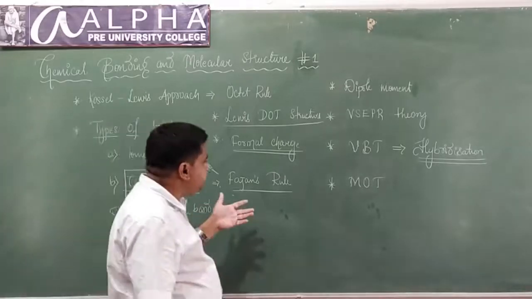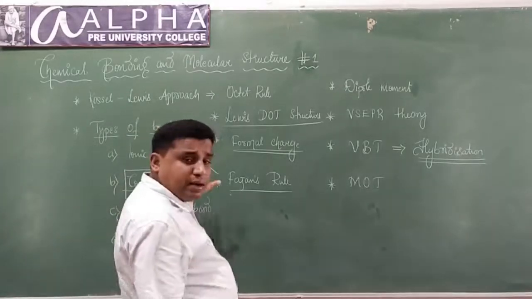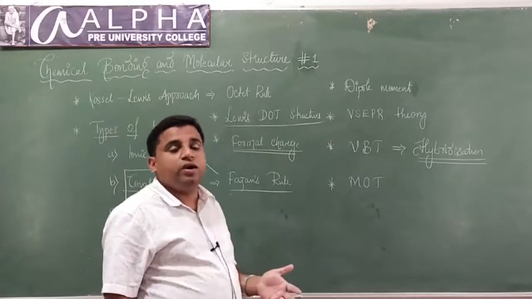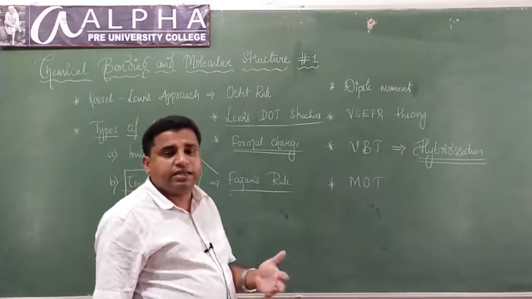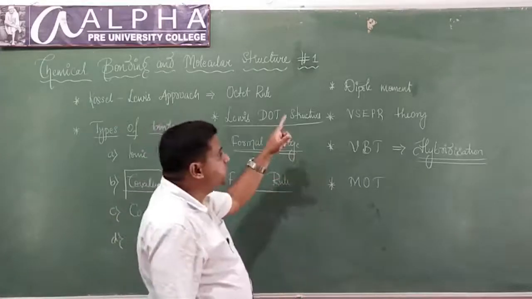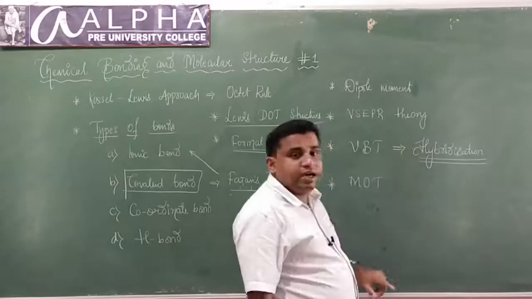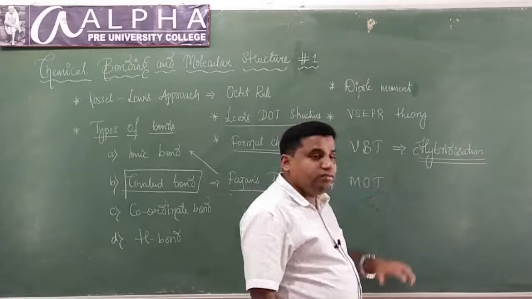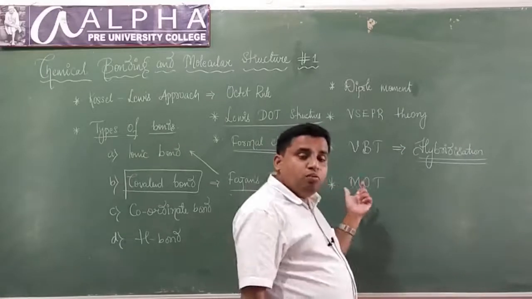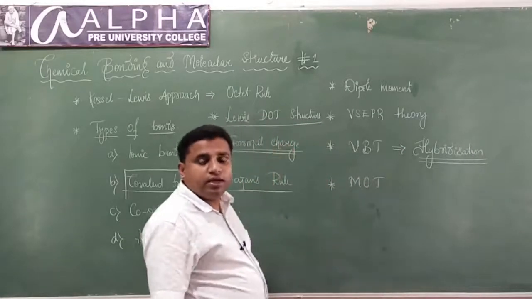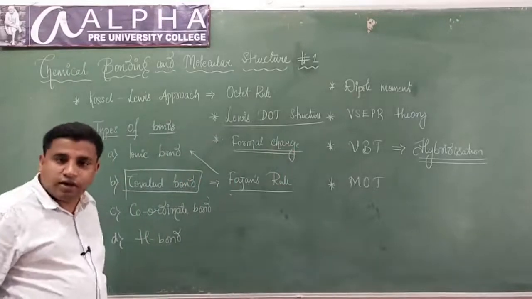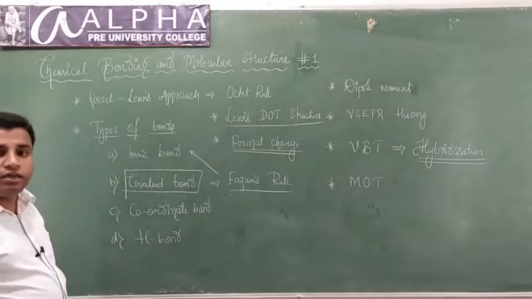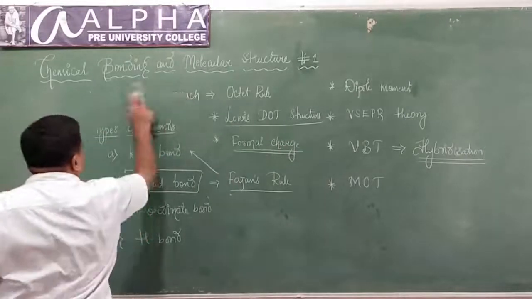And after this, we will completely deal with the covalent bond, the nature of covalent bond, the geometry of covalent compounds, the bond angle, etc., using concepts like dipole moment, valence shell electron pair repulsion theory, valence bond theory. Under valence bond theory, we learn about hybridization, and then molecular orbital theory. Got it? So now first let us discuss the Octet Rule.